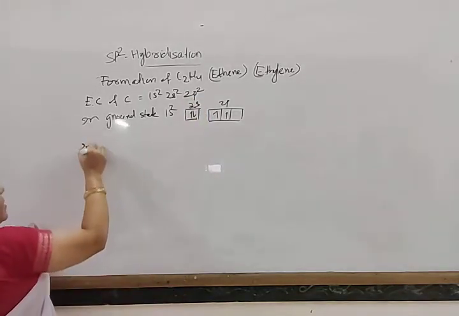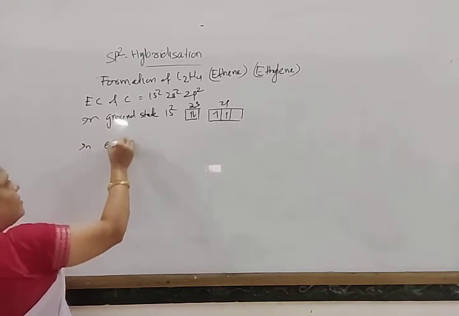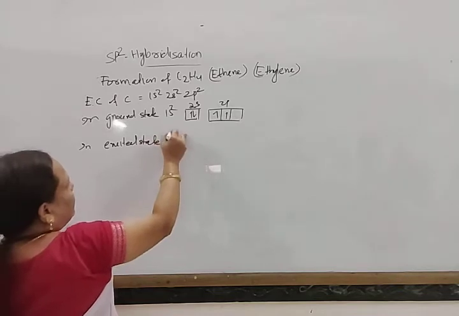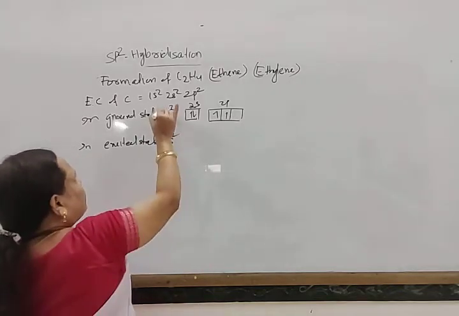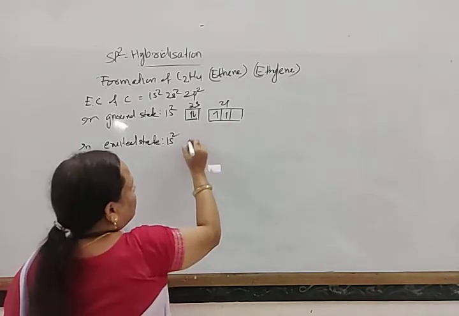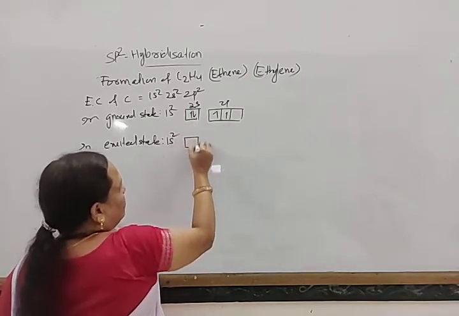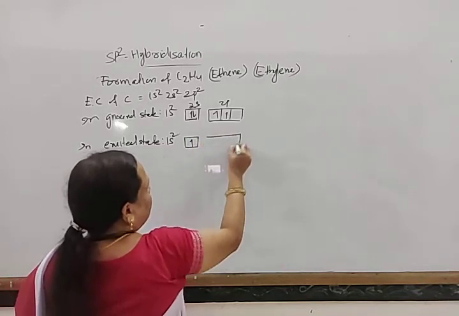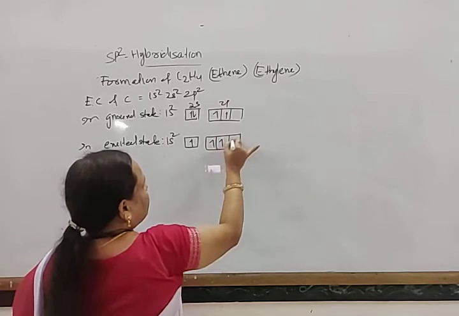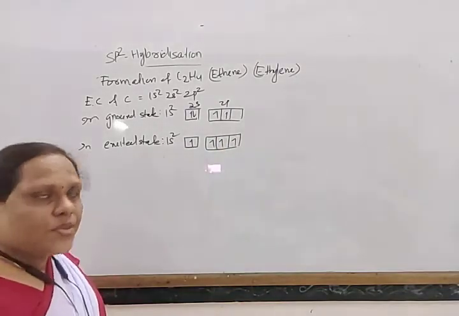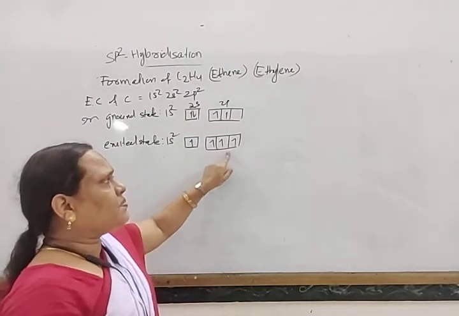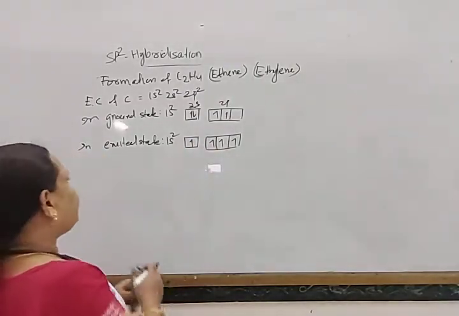In the excited state, the inner shell remains as such, and one electron from the 2s orbital is promoted or excited to the 2p orbitals.